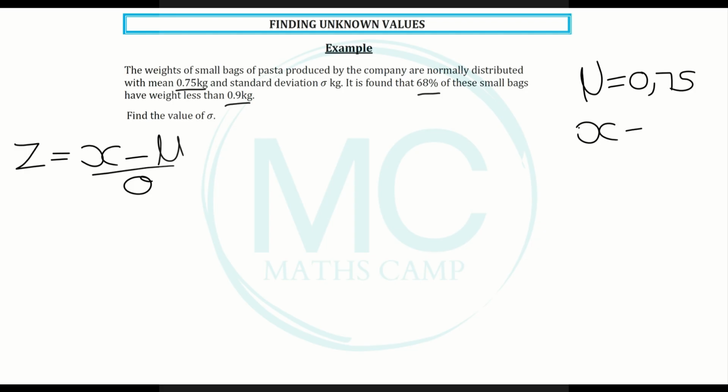So I can say x is equal to 0.9. 68% is our probability. So we can write this as a decimal. So I can say the probability of z is equal to 0.68. And I can use my distribution table to find the value of z.